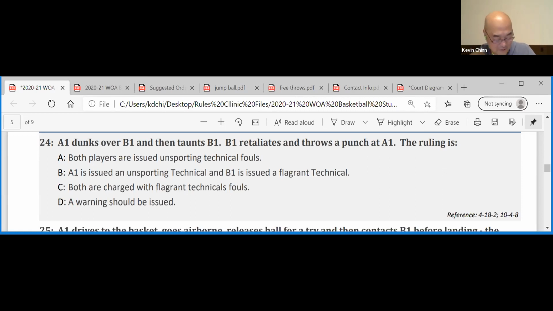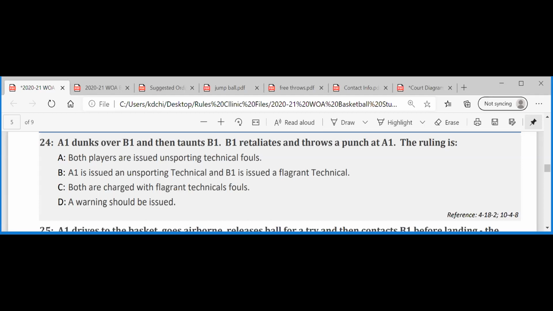Mm-hmm. So the defender, B1, gets upset and throws a punch. And you're saying B, correct? A1 is issued an unsporting technical foul, and B1 is issued a flagrant technical.